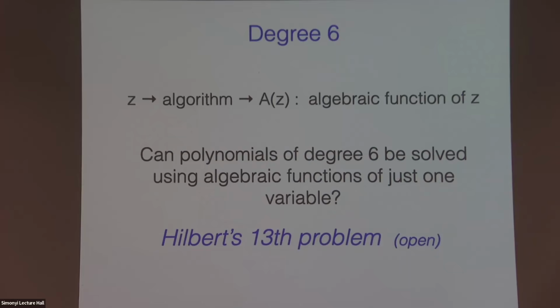It was solved by Arnold in collaboration with Kolmogorov, but they solved it in the case of continuous functions rather than in the case of algebraic functions. And so let me just remind you what Klein showed for the quintic is the following.